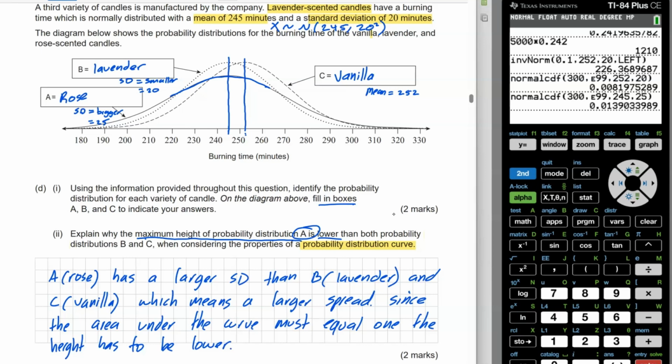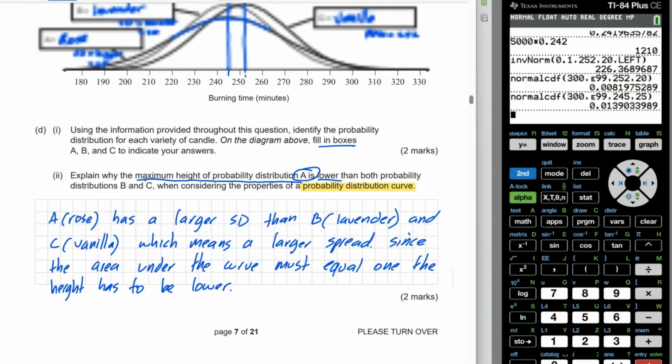So it has a larger standard deviation than the others, so a larger spread of the data, and because of that, the area under the curve still has to equal 1, so it has to be lower. And that's it.